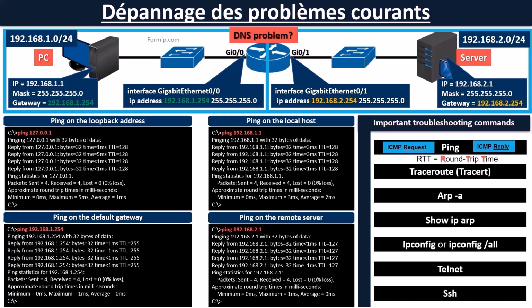And SSH is the replacement for telnet, which is much more secure because the communication between the client and the server is encrypted. There are two versions of SSH, SSH v1 and SSH v2. The best is to use SSH v2 because it uses a much more improved encryption algorithm.